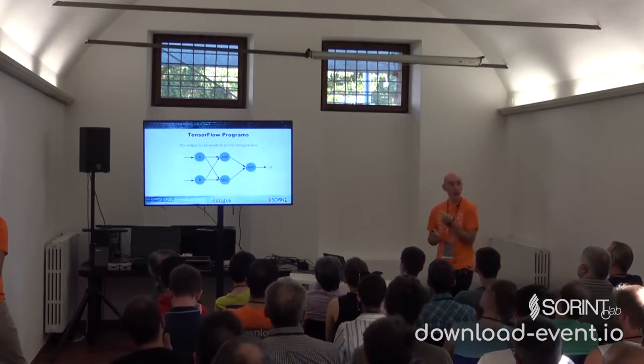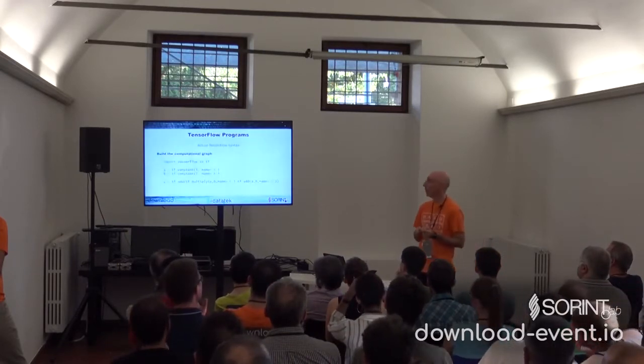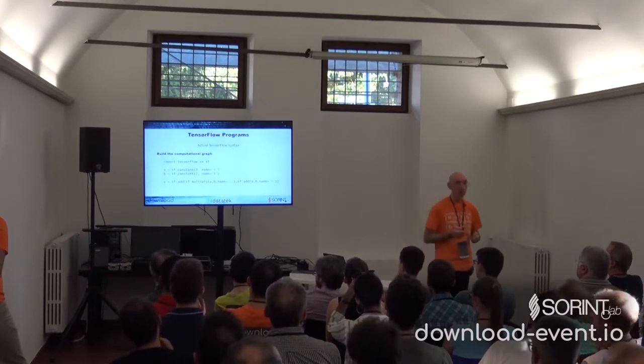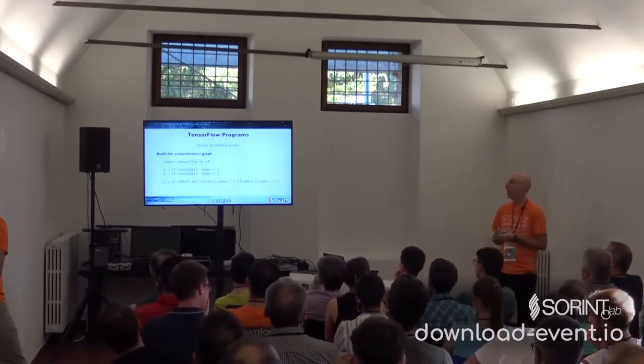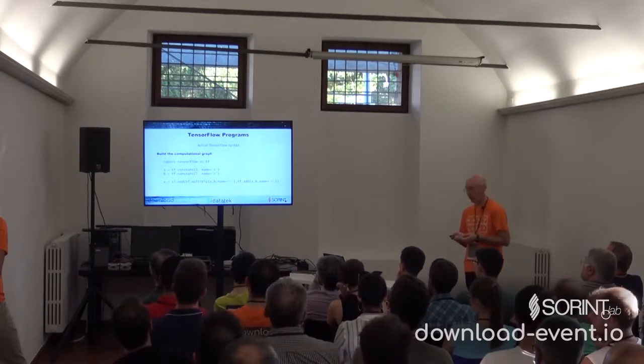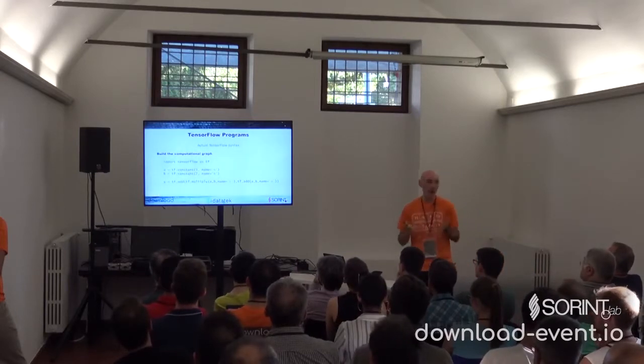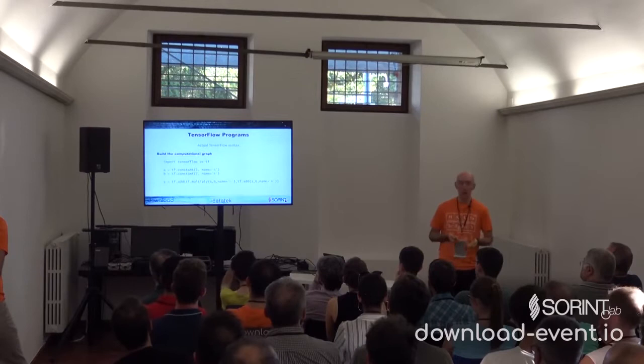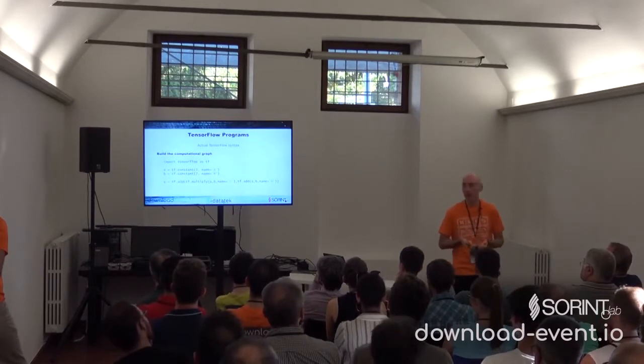How do I build a computational graph like this in TensorFlow? Well, it's very easy. This is an example of using TensorFlow in Python, which is very, very typical, but you can use TensorFlow in Java, C++, you name it.